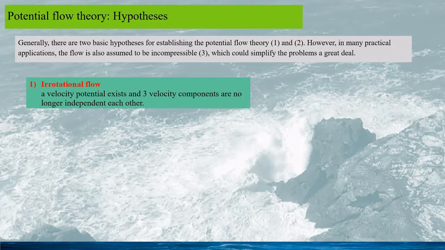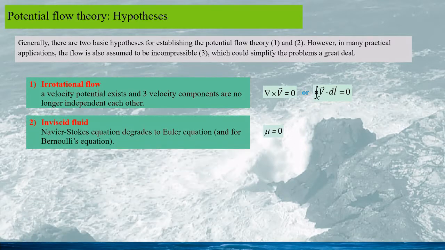The mathematical expression for the irrotational flow is that the curl of the velocity vector is 0, or its circulation across the curve is 0. The second assumption is the inviscid fluid, mu equals 0, and the corresponding fluid dynamics equation is the Euler equation.